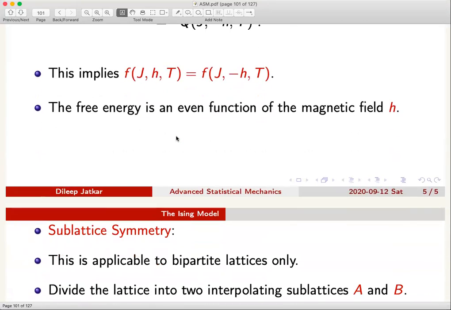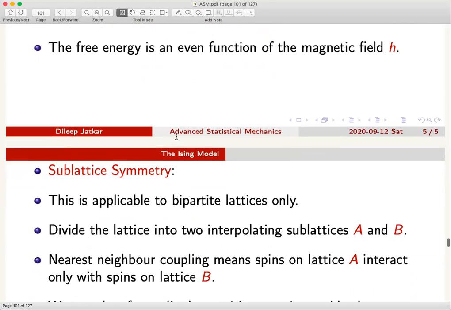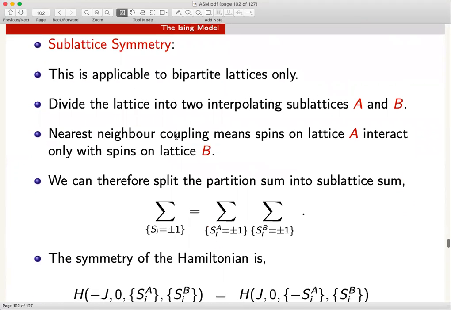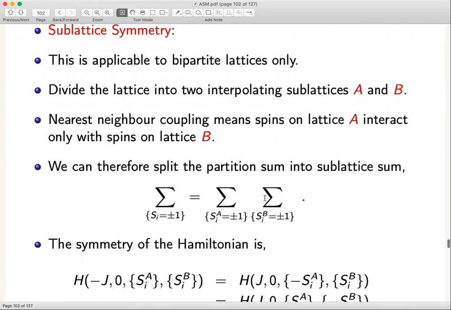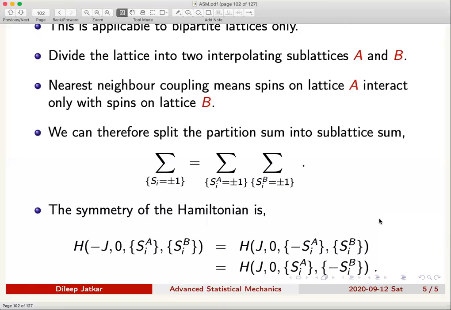The other symmetry that we found was the sublattice symmetry. This symmetry exists only if you have bipartite lattices, and in a bipartite lattice you could swap the sign of all the spins in one of the sublattices, either A or B. That swap is equivalently soaked up by switching the sign of the nearest neighbor coupling J from J to minus J. Of course, this symmetry is manifested only when the external magnetic field is 0.